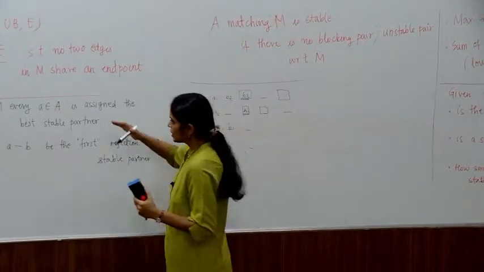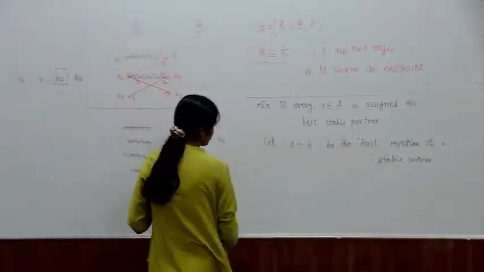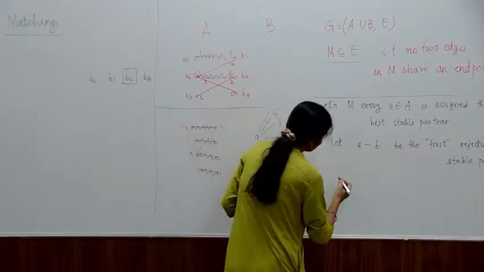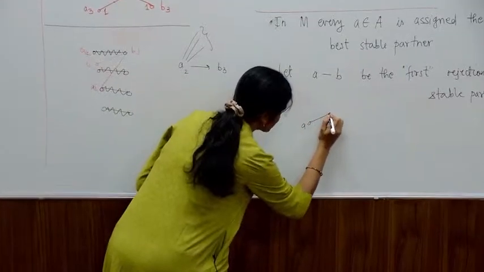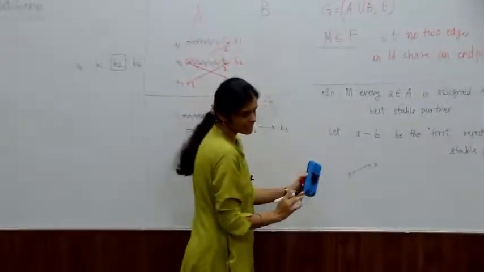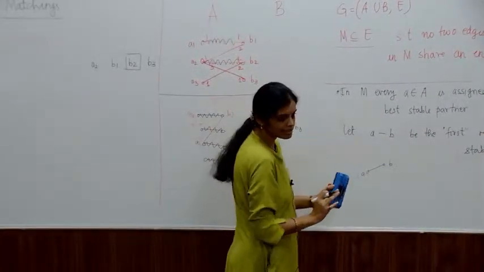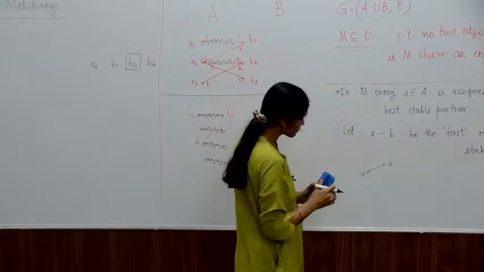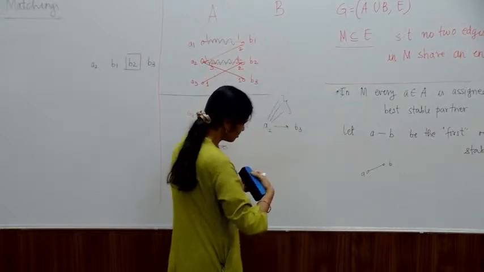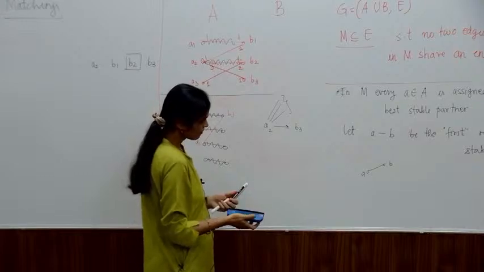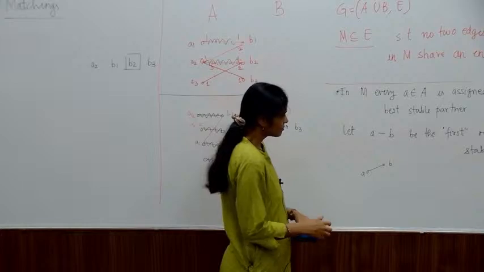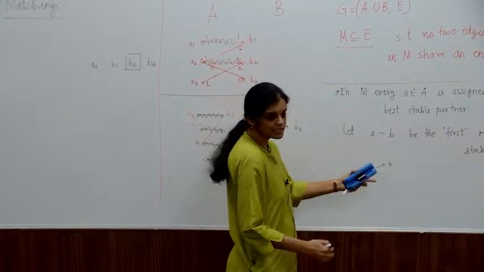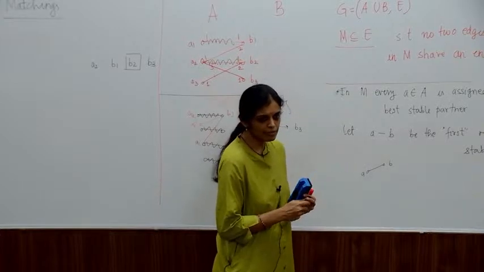Okay, so we have this entire execution sequence written down, and A must have applied to B and B must have rejected it, and this is a stable partner rejection. Okay, so why did this happen during the course of our algorithm?